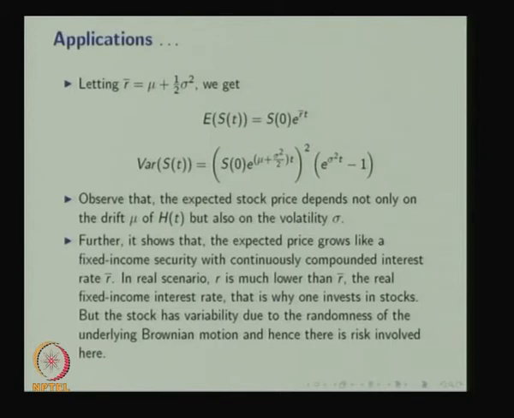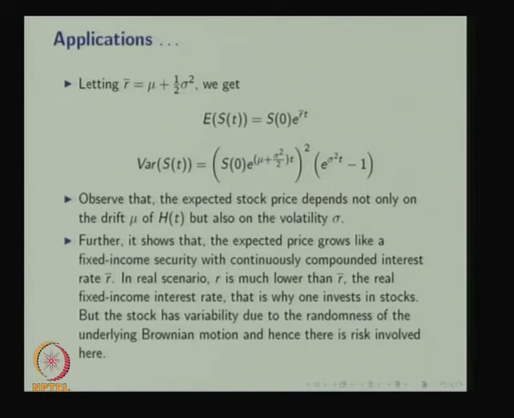In a real scenario, r is much lower than r bar, where r is the real fixed income interest rate. That is why one invests in stocks. But there is a risk attached. In the fixed income scenario, the interest rate is r and there is no risk.